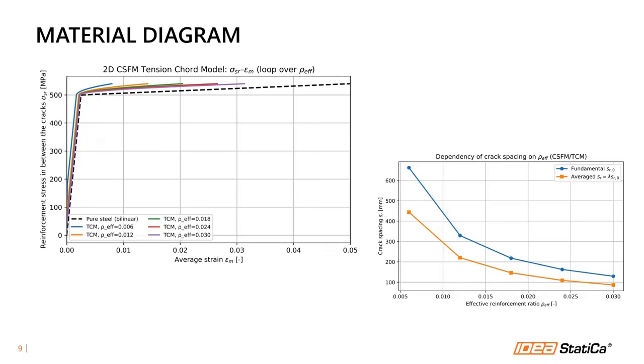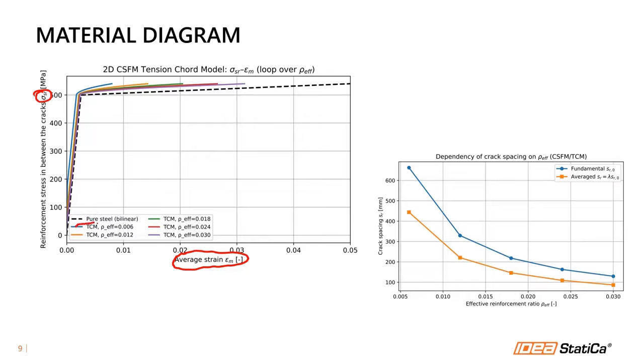At first, on the vertical axis, there is the stress in between the cracks, sigma sr. On the horizontal axis, there is epsilon m, the average strain.